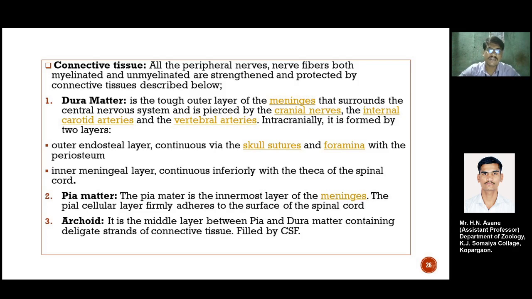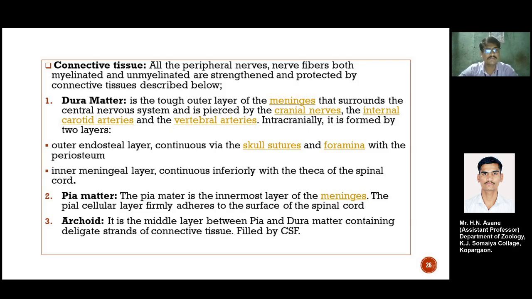Intracranially, it is formed by two layers. The outer endosteal layer continues via the skull structures of our head, and the foramina, which are a particular type of structure on the skull, with the periosteum.